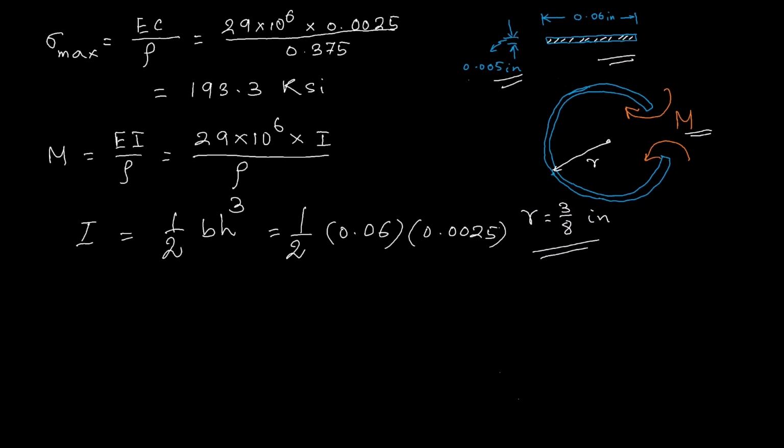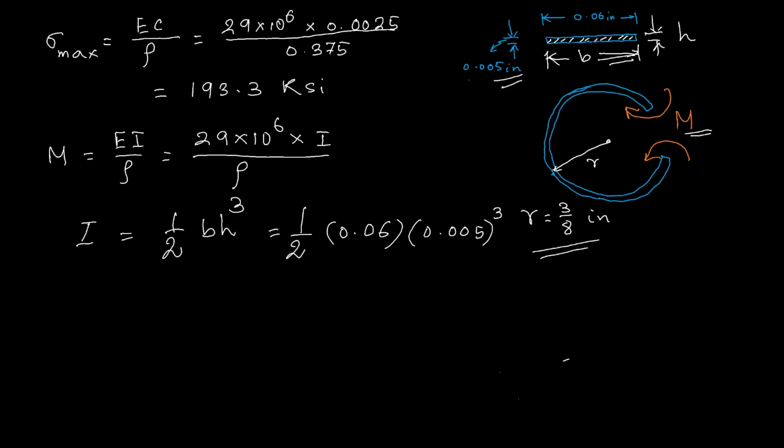No, it will be the full height, right? So it is not the depth from the neutral axis, but it is the full depth. I'll show it here. So this is H, right? And this is B, right? Yeah, so 0.005 cubed.